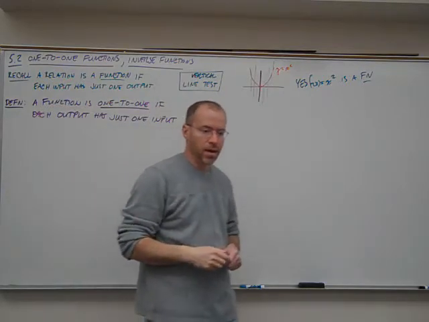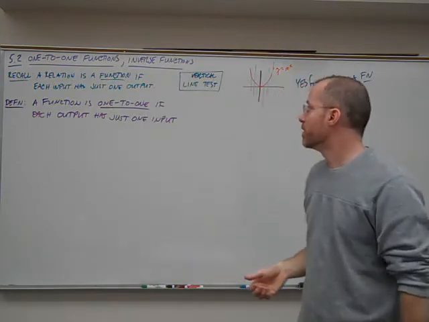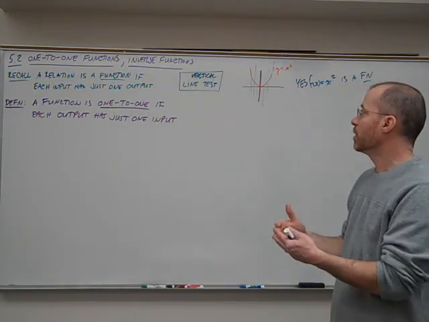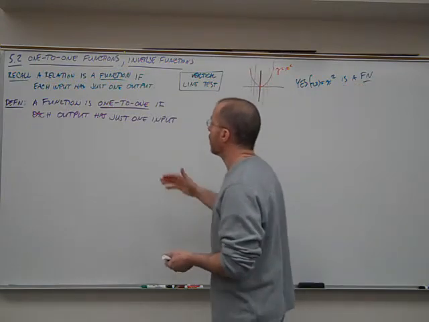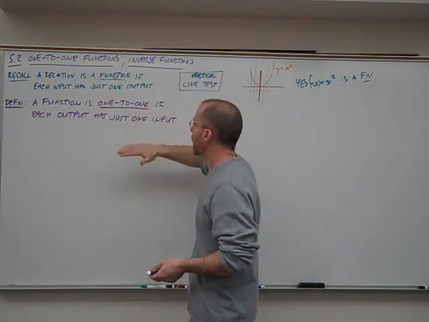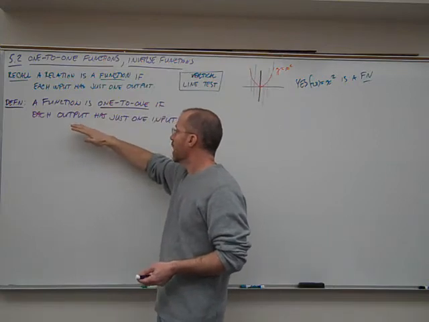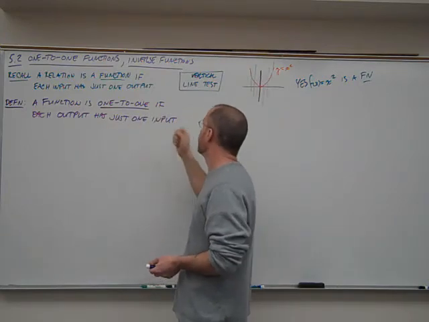So we're taking a definition very similar to the definition for functions that said each input had to have a unique output, but now we're turning it around and saying we'll call it a one-to-one function if it has the characteristic that each output has a unique input.